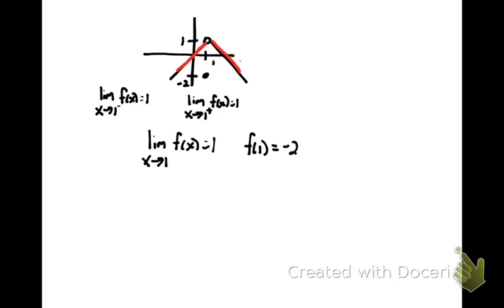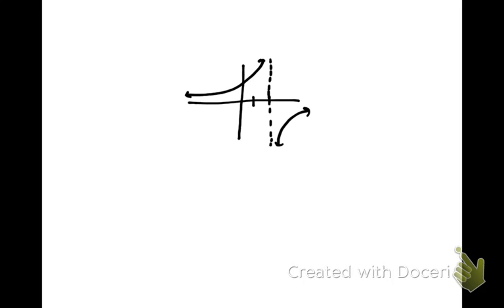Let's consider example 6. Example 6 appears to be some type of conic section, maybe. Notice that there is a vertical asymptote at x equals 2. And so this creates a picture for us of the limit.